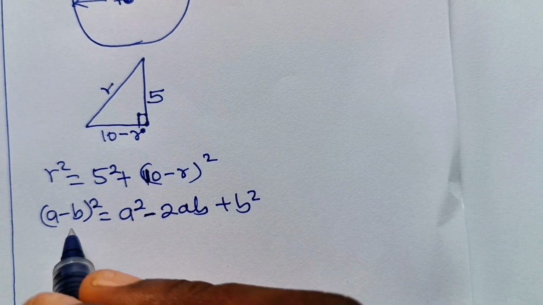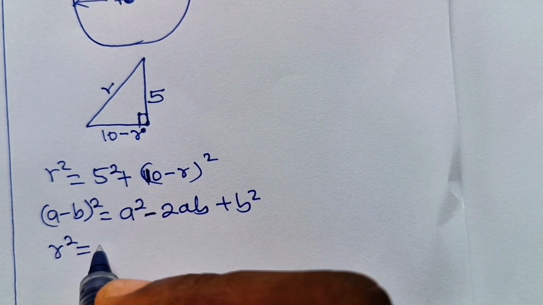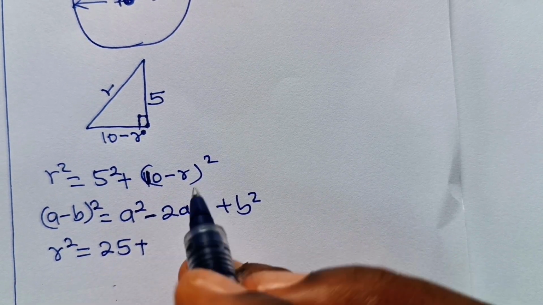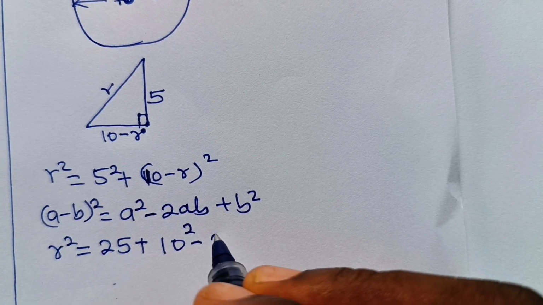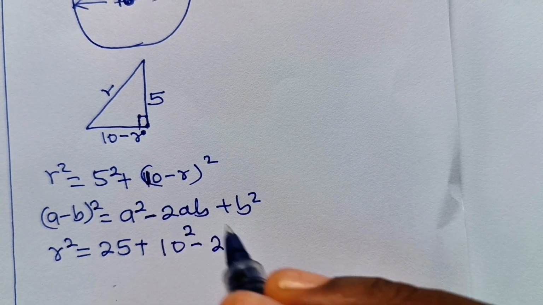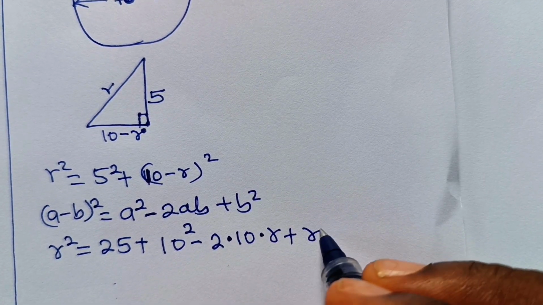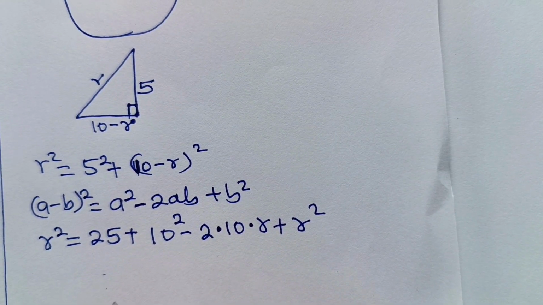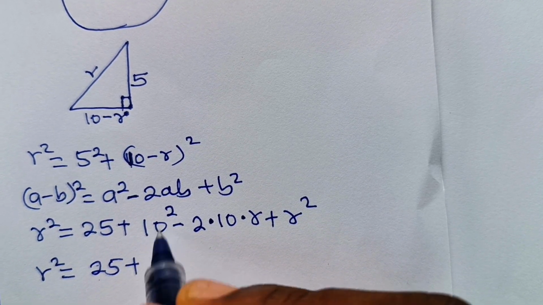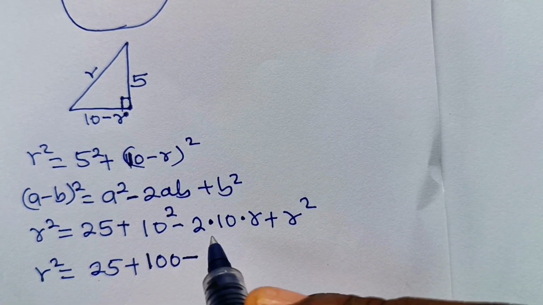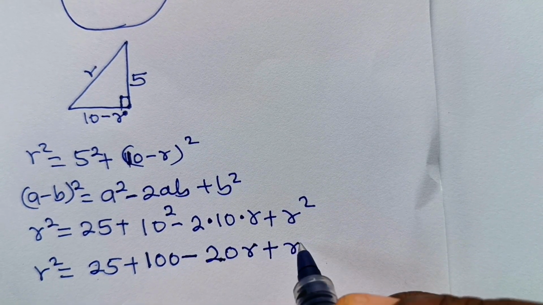So we can write this as r squared is equal to 5 squared, which is 25, plus 10 squared minus 2 multiplied by a, which is 10, multiplied by b, which is r, plus b squared, that is r squared. So r squared is equal to 25 plus 100 minus 20r plus r squared.